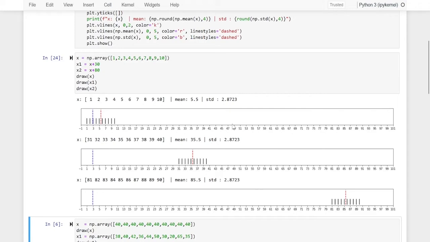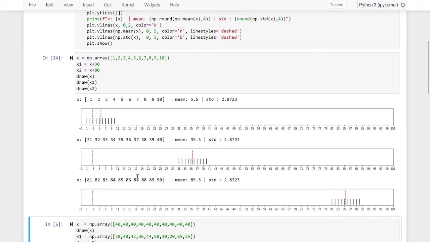Superficially, if we look at these graphs, it looks as if mean is very smart. It is going with the character of the data set, whereas standard deviation appears to be stubborn. But this is not the limitation of standard deviation. Standard deviation is doing its job.